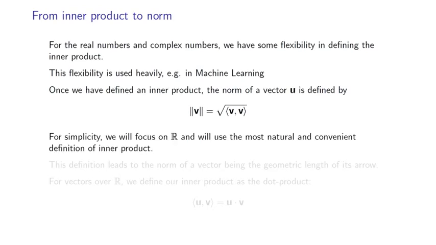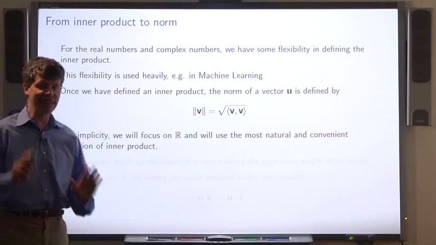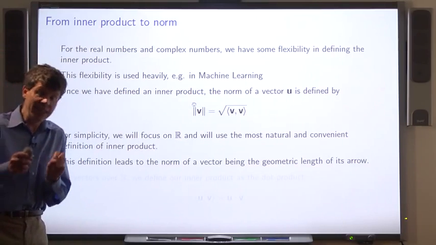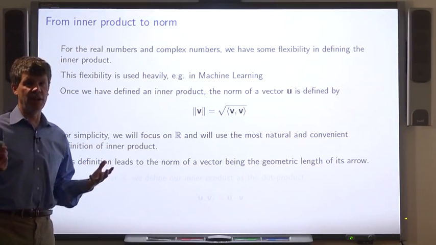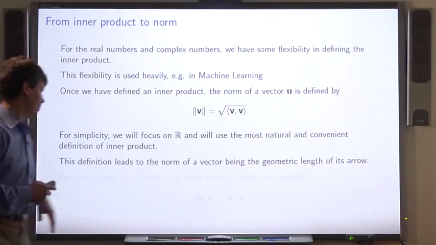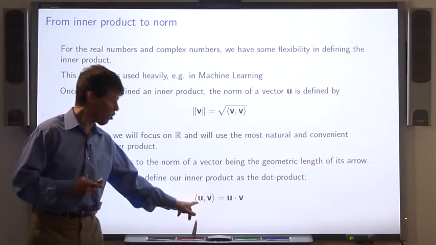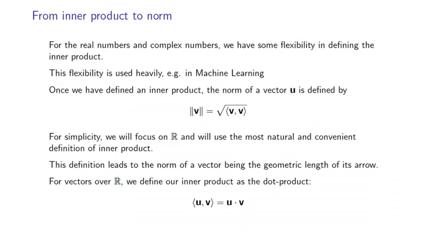For simplicity, we'll focus on the field of real numbers, and we'll use the most natural and convenient definition of inner product. And that definition will lead to the norm being what you think of as the length of a vector. That is, the geometric length of its arrow. So for vectors over the reals, we'll define the inner product of u and v to be just the dot product of u and v.